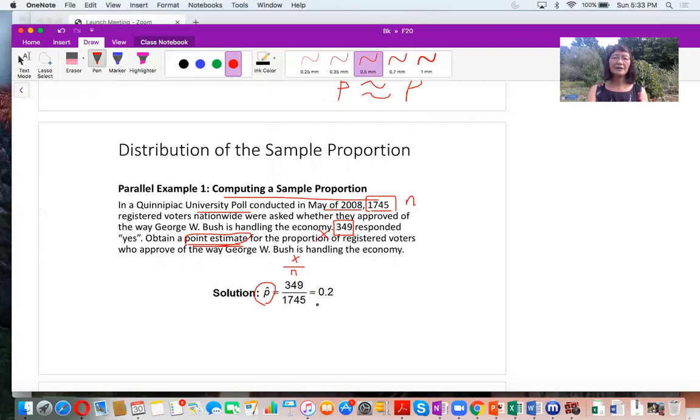X over n, you get 0.2. So the final answer, the point estimate for the proportion of registered voters who approve of the way W. Bush is handling the economy, is 0.2.